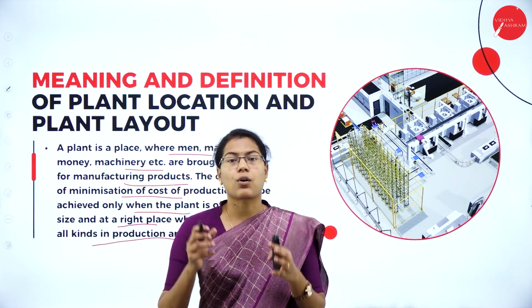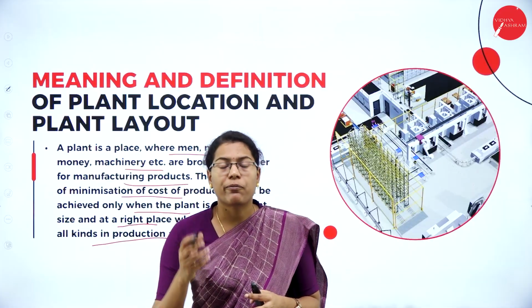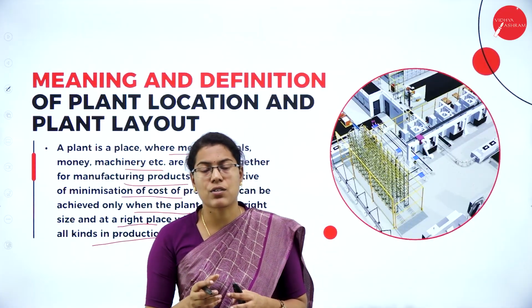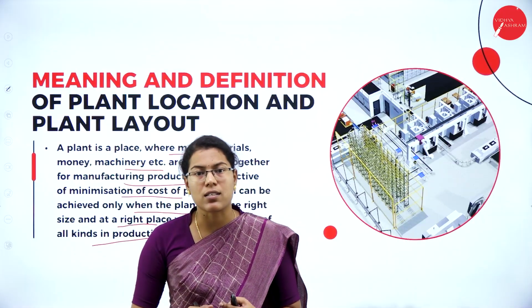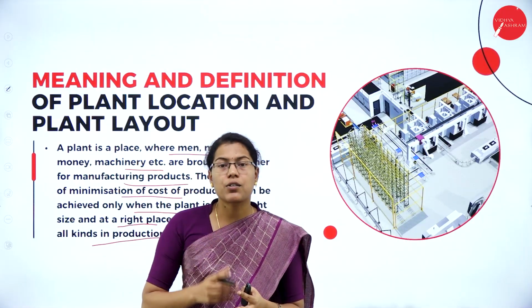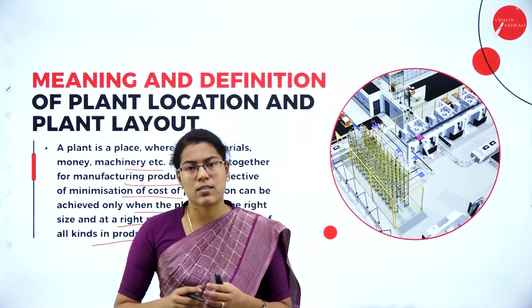So here it's all about a factory location or a plant or the manufacturing unit where all kinds of resources are brought together in order to make the production process.